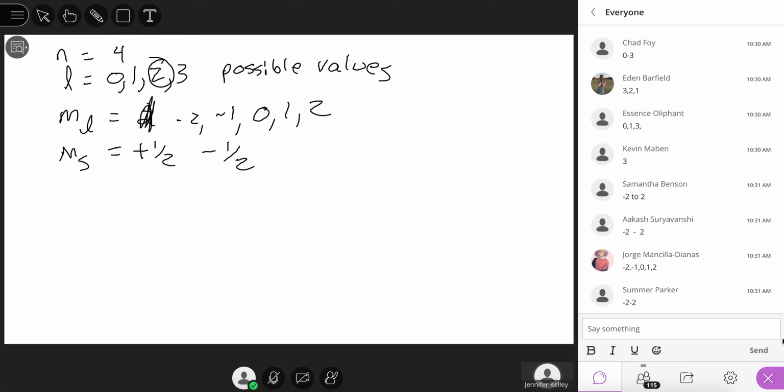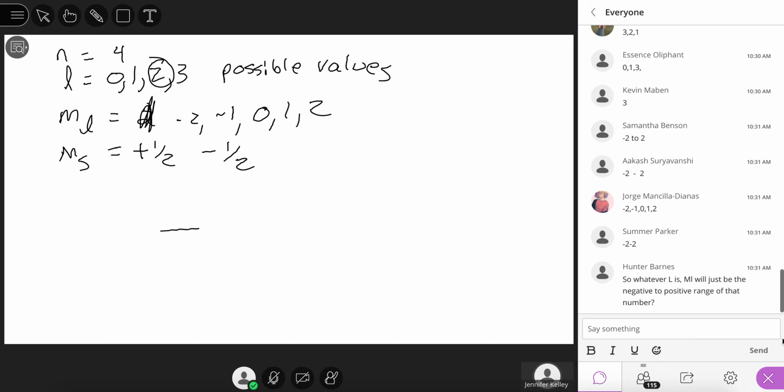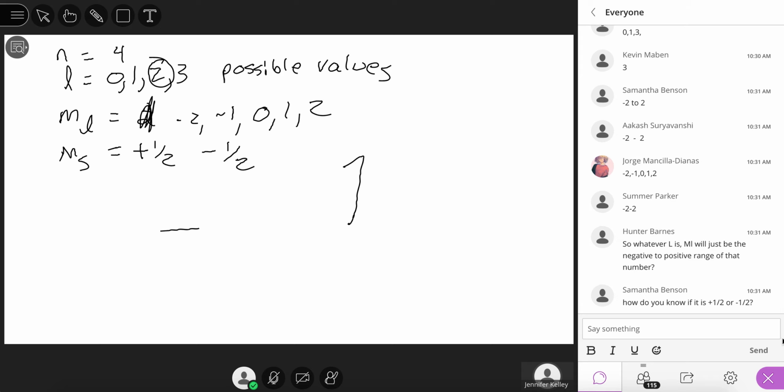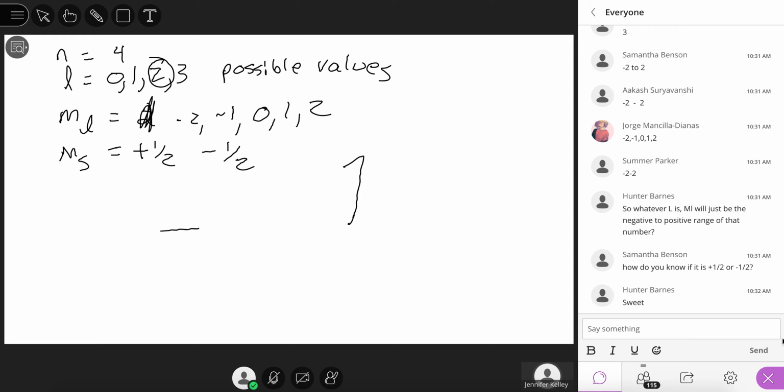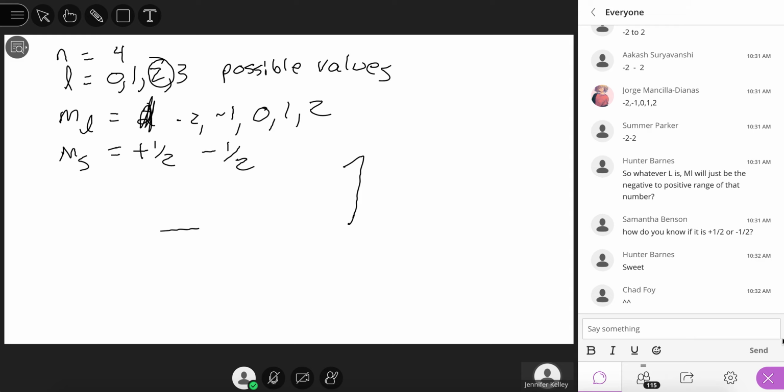When they write this out, they usually draw a line for an orbital, and then you put your electrons in, and the electrons kind of look like fish hooks. I think there was a question. Yes, that's exactly right for the L and the ML. So an electron symbol is just a half arrow, kind of like a fish hook.